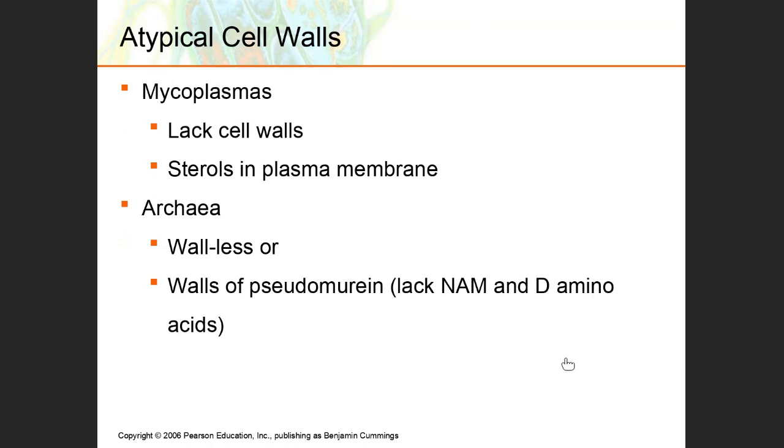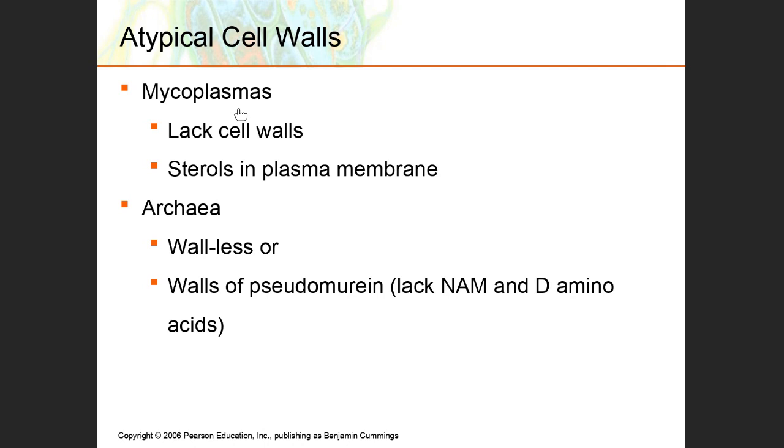So I did say that most bacteria have cell walls, but not all of them. Mycoplasma, not to be confused with Mycobacterium, two completely different organisms. Mycobacterium has a very thick, waxy cell wall. Mycoplasma has no cell wall, no peptidoglycan, so they have no definite shape. They're pleomorphic, right?